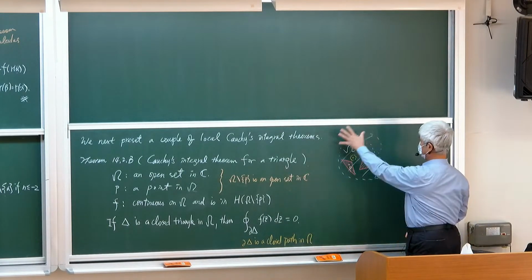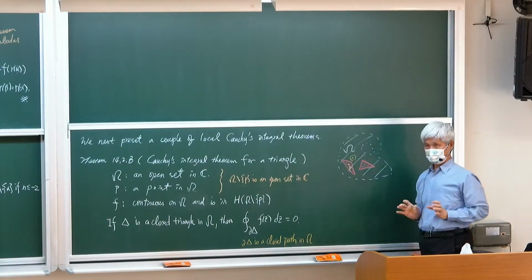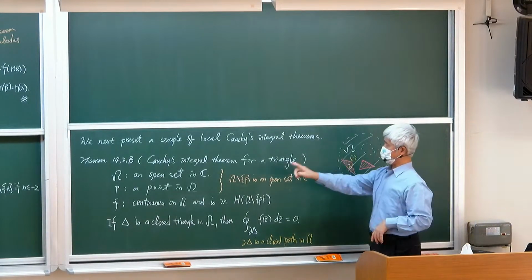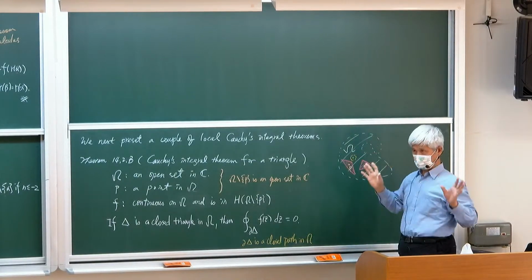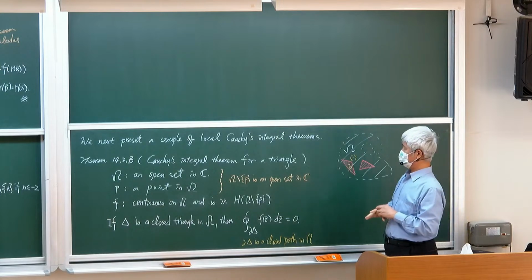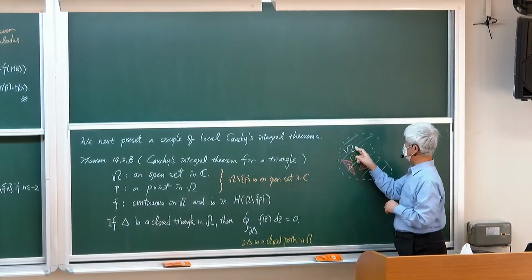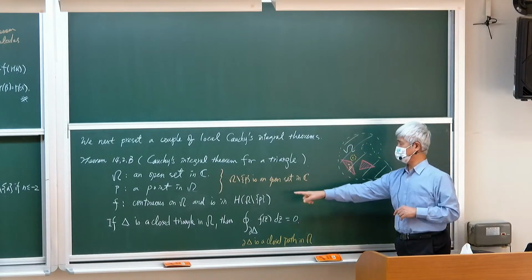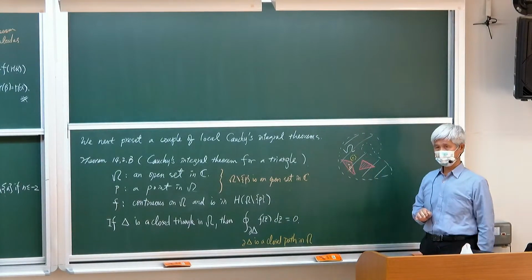All right, so the situation is here. Omega is an open set, and f is a function which is continuous on the whole open set, and it is analytic at every point in omega except the point P, which is some point in the open set.